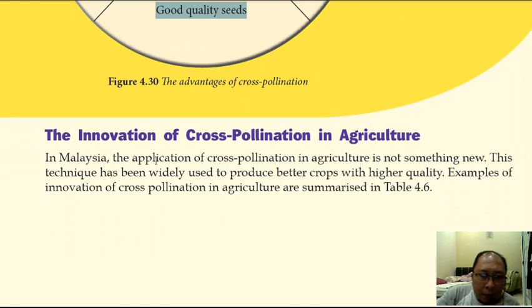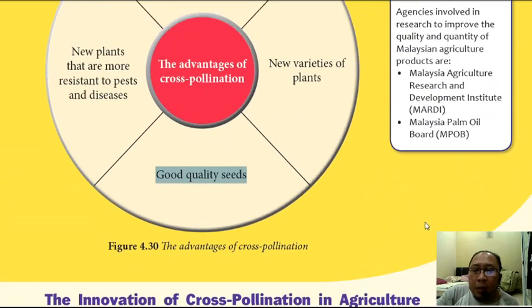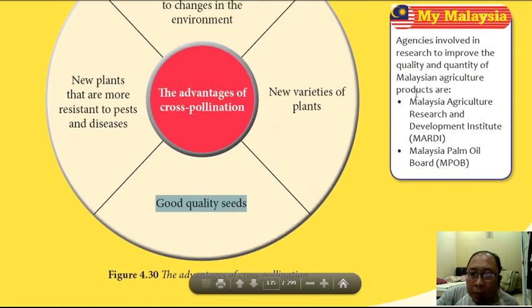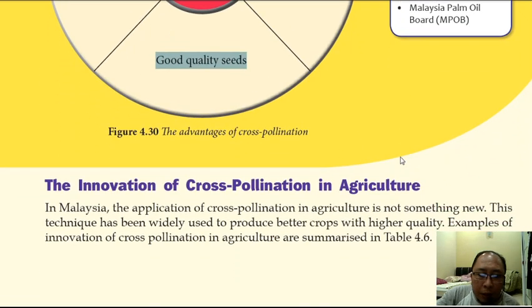And what about the innovation of cross-pollination in agriculture? So in Malaysia, this innovation from the process of cross-pollination is not something new, and mostly the research on this is conducted by several agencies, for example, MARDI and MPOB.